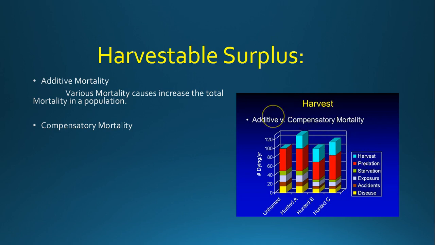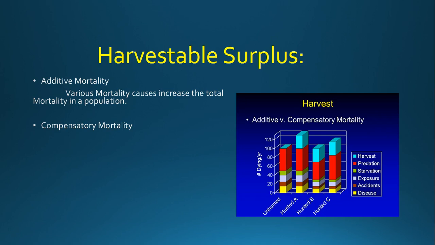So that's really common in our upland game birds, where we know that we're only going to maybe retain 20% of the population for recruitment the following year. And it doesn't matter if we go out and we shoot 60% or 40%. If we shoot 40%, another 20% is going to die anyway.